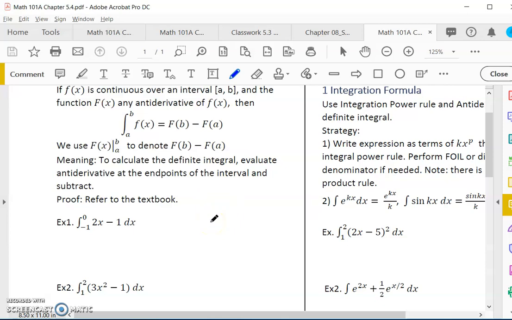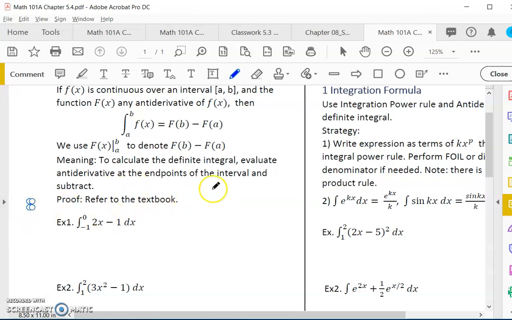So let's say I'm going to evaluate each of these. Example 1. So let's spend time to work on them. So I have the function 2x minus 1. By now you would know, if someone gives you a notation like this, your mind should think of a line, 2x minus 1, right?